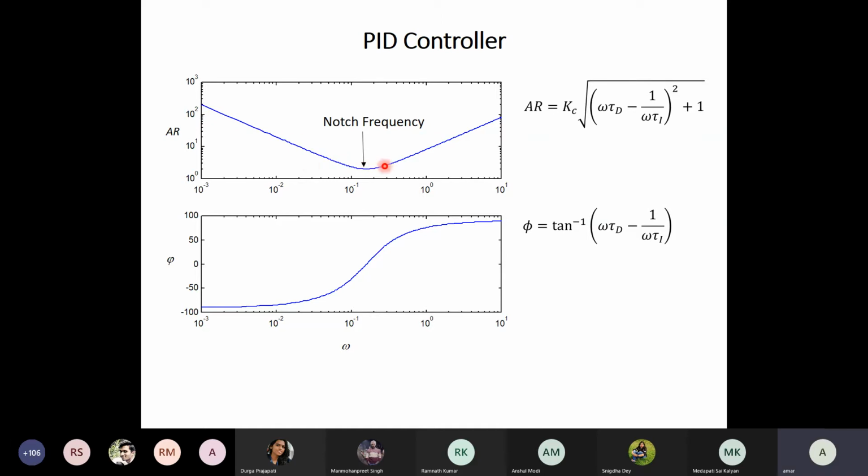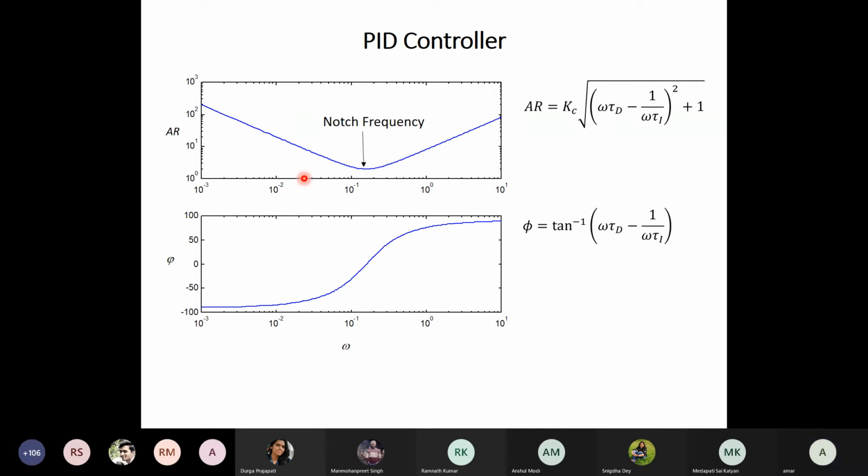Now, the meeting point of the derivative action and integral action, when the integral action starts to dominate the overall action, that frequency is called the notch frequency. Normally in a PID controller, when you are tuning the integral action and the derivative action, you are shifting this notch frequency either this side or that side.